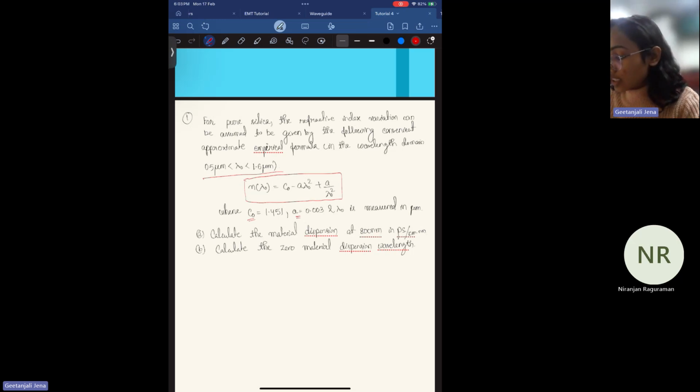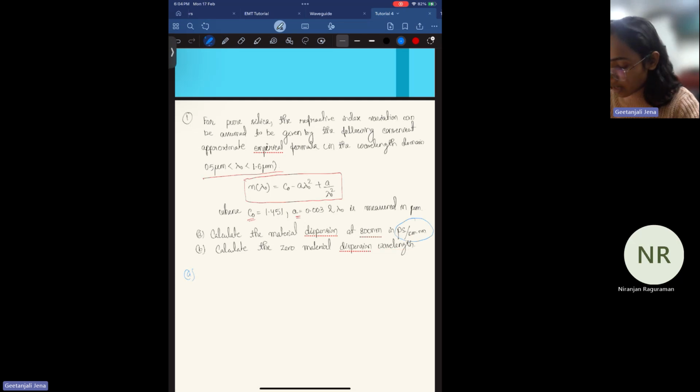And the second question is, what is the wavelength at which we will see zero material dispersion inside the fiber? We'll start from question A, which asks for the material dispersion at 800 nanometer, in this unit.